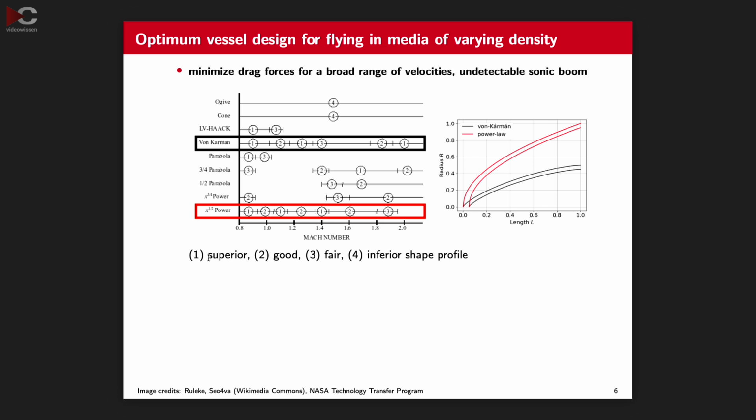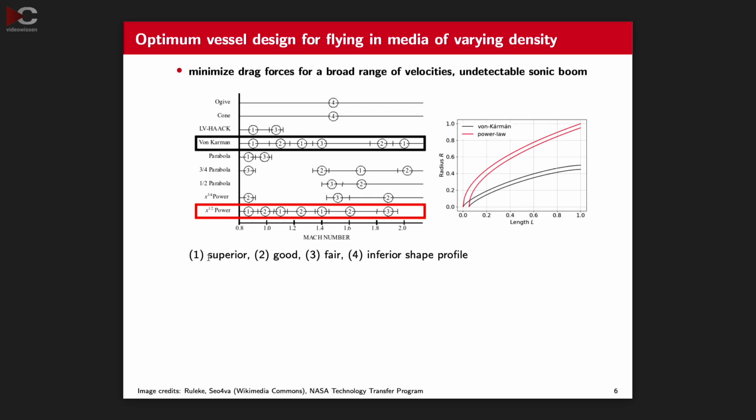On the left-hand side of the slide here, you can see an excerpt, a table, from an engineering book from the 1960s, where different nose designs have been investigated for minimizing drag forces, for velocities which range from a bit below the speed of sound, so Mach numbers of 0.8, to supersonic velocities for Mach numbers of about 2.0.